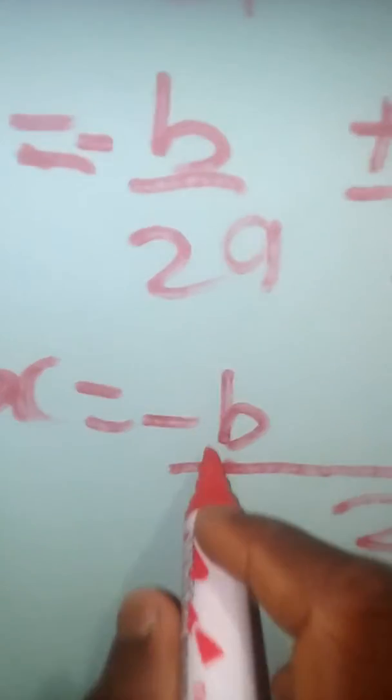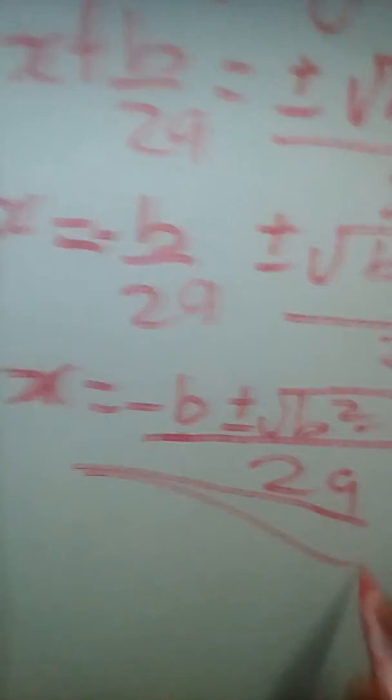Now they have the same denominator, so it's going to be really easy to take the LCM. So this gives me my x to be equal to 2a in the denominator, and I have the numerator minus b plus or minus square root of b squared minus 4ac. Now this is my quadratic formula, also known as the almighty formula.